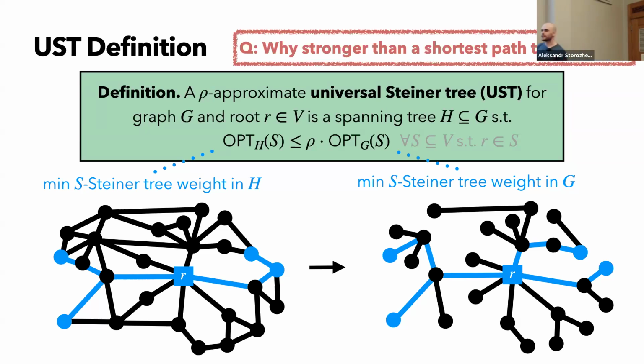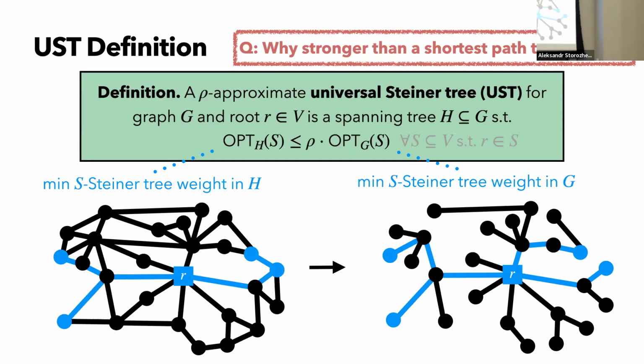I guess just to close the loop on what this has to do with distances: I claim that if rho is 1, then this is just a strengthening of a shortest path tree, which is to say it's a subgraph of the original graph that preserves all distances to R. Why is that? Yeah, that's one instance of Steiner tree, right?